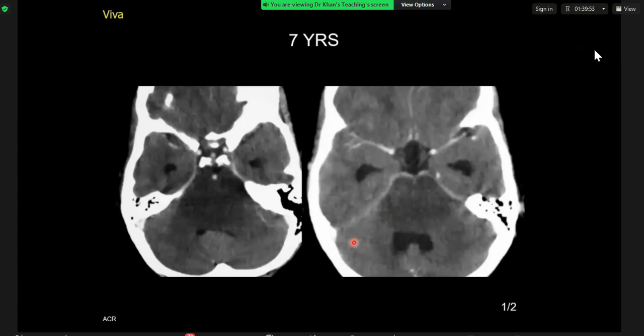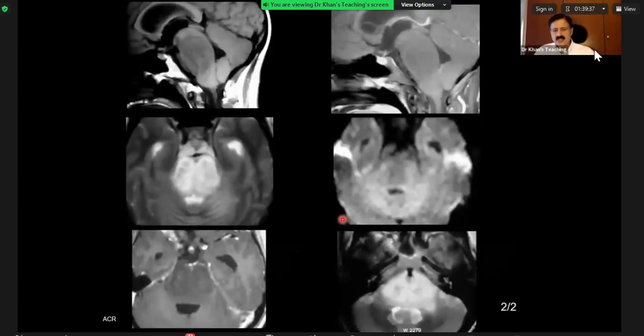Okay, so I've got a predominantly hypodense lesion in the pons. I think the most likely diagnosis in this case would be a pontine glioma. Right. So this is the type of glioma which you have to be careful about in your exam, and some of these can be quite diffuse.